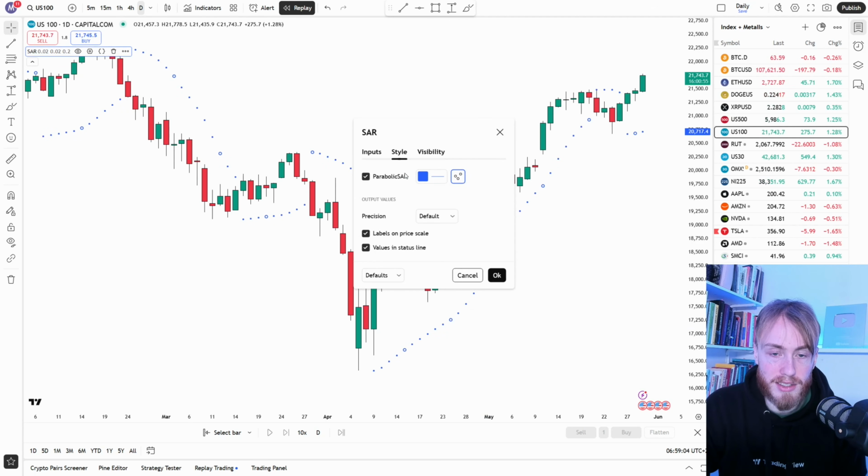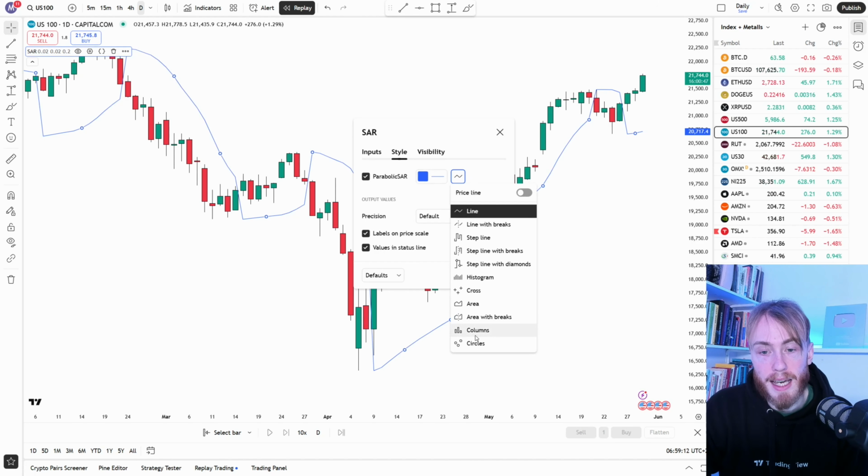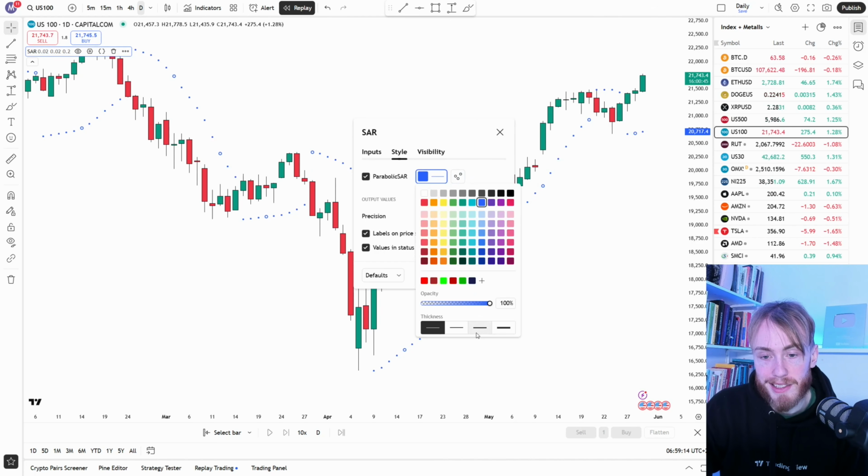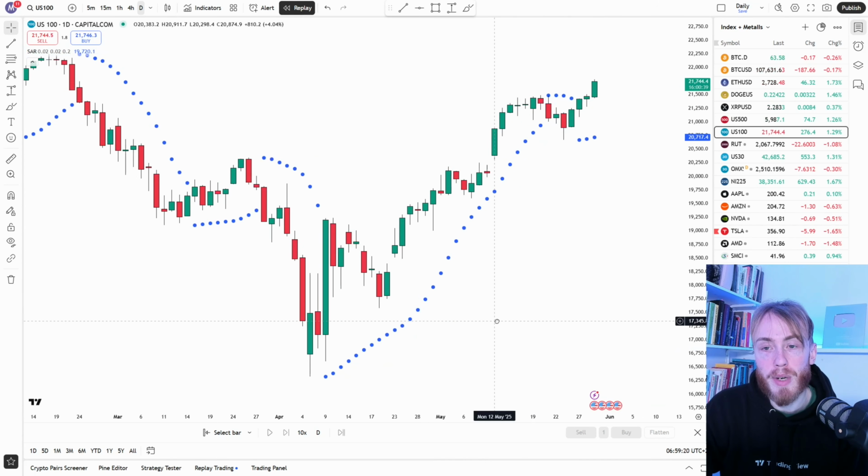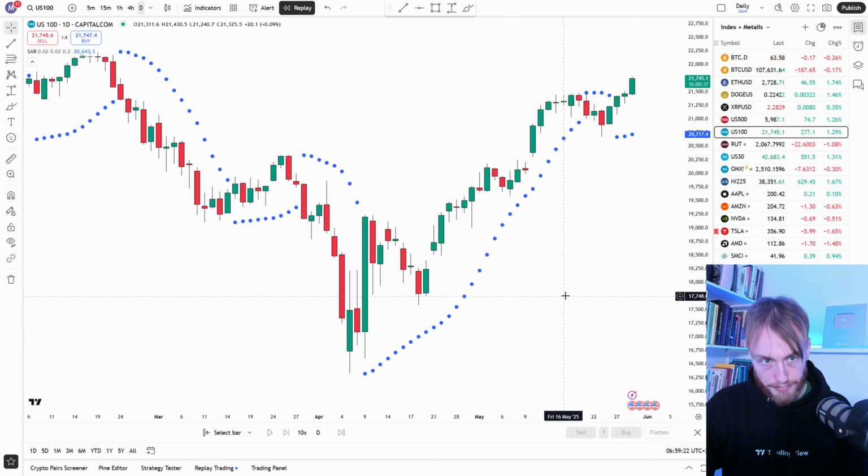I just like circles a bit more. You can definitely feel free to use whatever you want. You can even use lines if you prefer that. But I think circles is perfect, and I'm going to make them super big so you guys can see clearly. And now we are ready to press OK here.